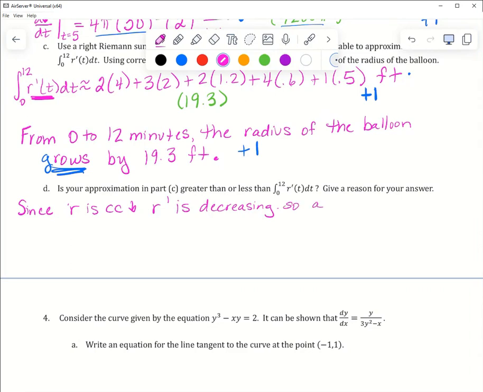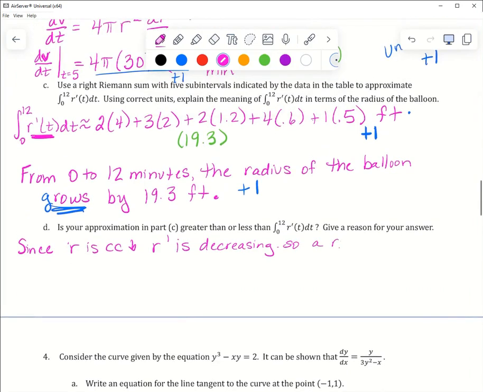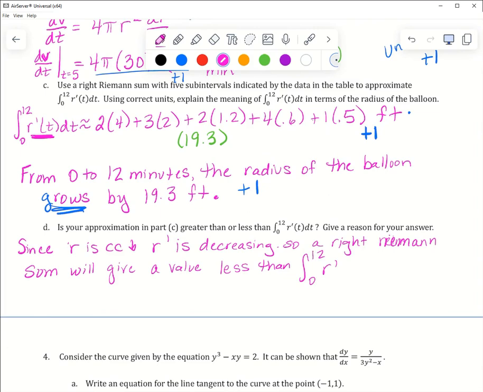So a right Riemann sum will give a value less than the actual value.